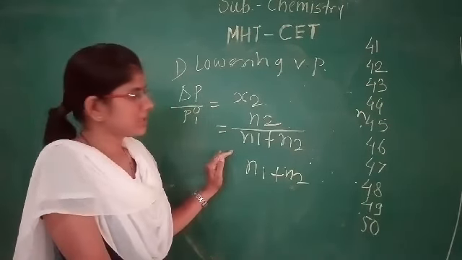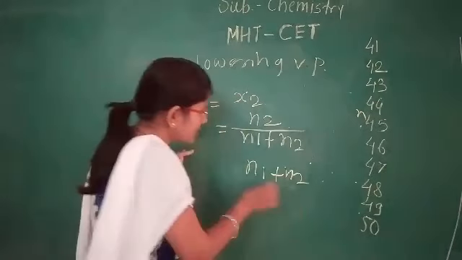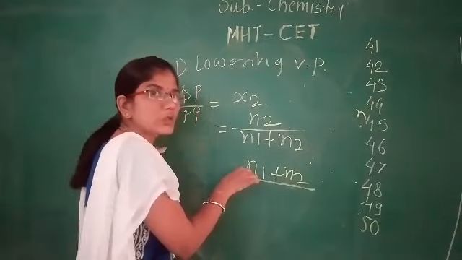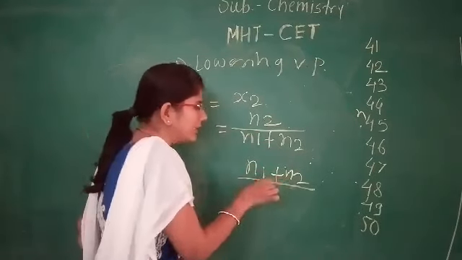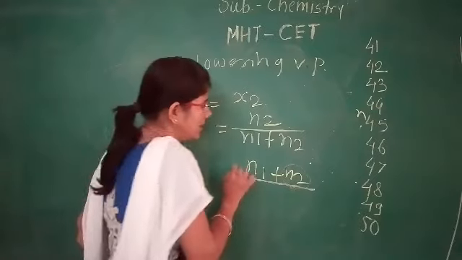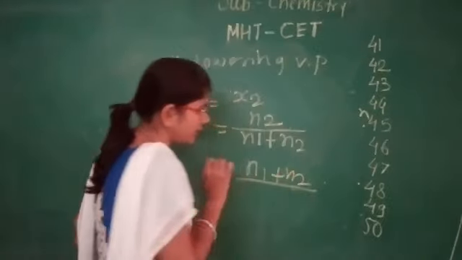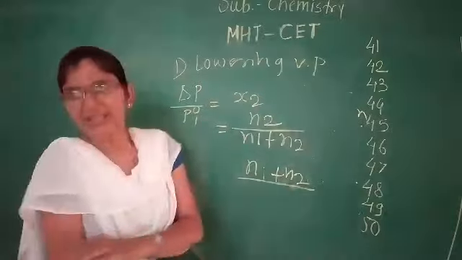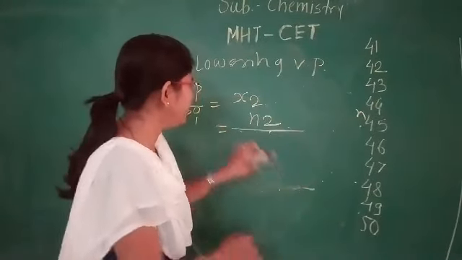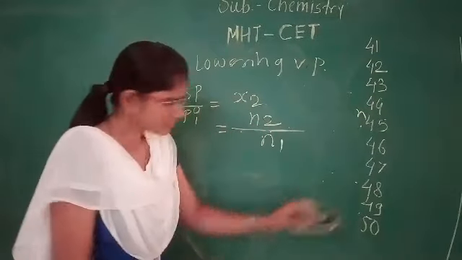And for that aqueous solution, in the summation of n1 plus n2, the number of moles of a solvent is much more than the number of moles of a solute, and therefore the n2 can be neglected, and here we can write only n1.